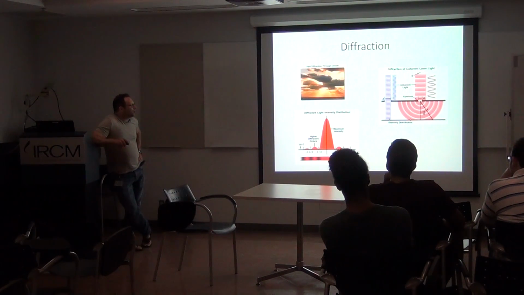A wavelength which would be planar going into a little aperture will become circular like this and make some interference patterns.